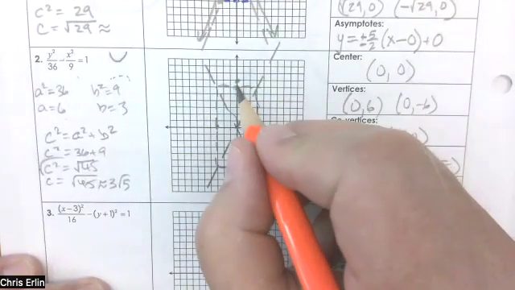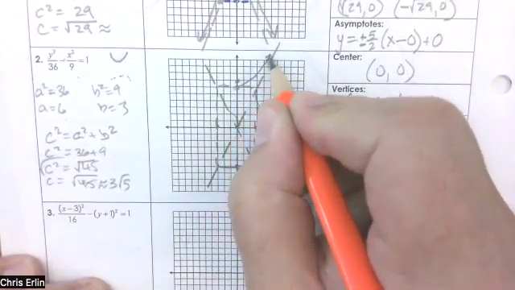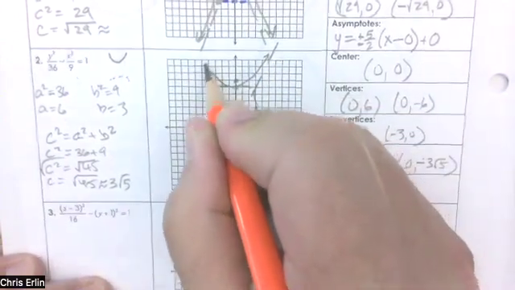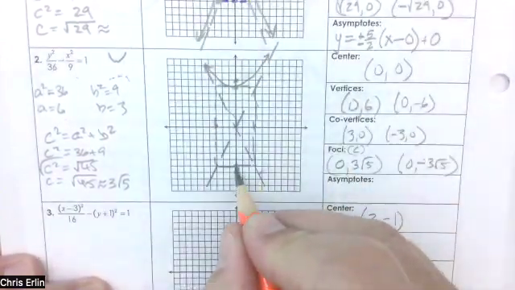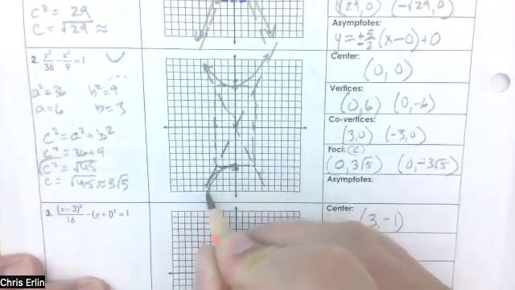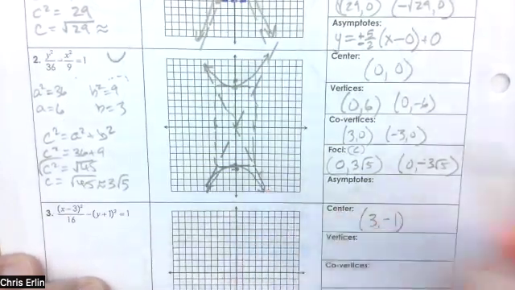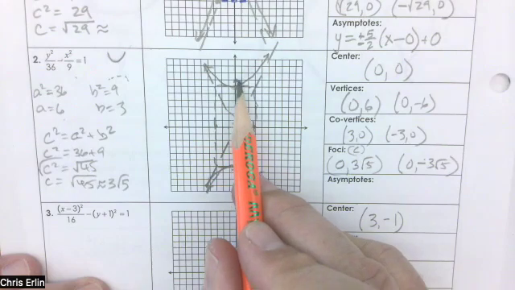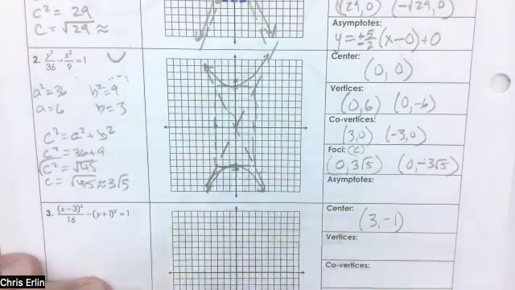Up here, right? So I come from this primary vertex, not a covertex. And again, I should expect that the foci are cupped within the hyperbolic shape.